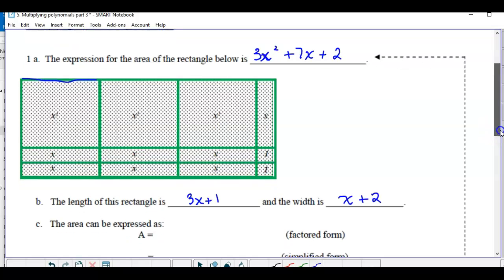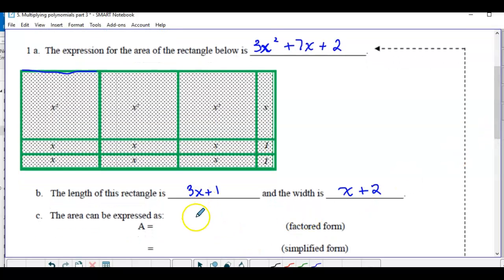Okay, so to get area, remember, area is length times width for a rectangle. So we can show it as 3x plus 1 times x plus 2. Or the simplified form is the first, when we added up all the areas of the individual squares.